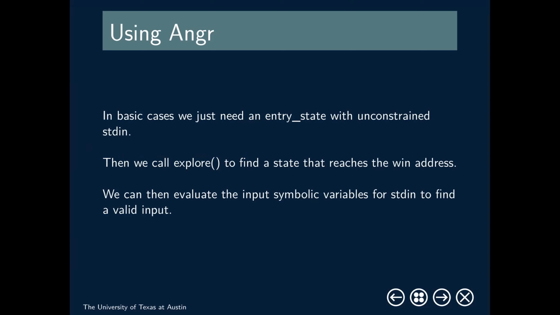And then we just use a SAT solver on the unconstrained standard in, which should now be constrained to be the specific string that will get us to the win address. And then it's going to give us some input that we can put into the program, and it will take us to the win address when we use that input.